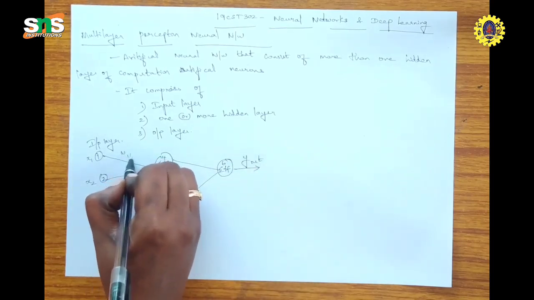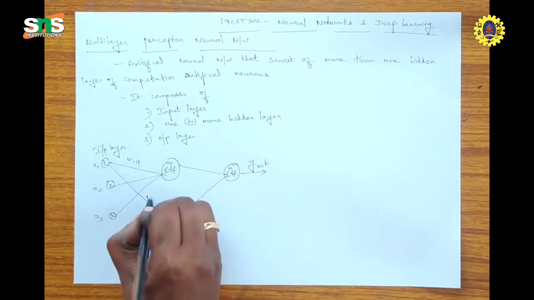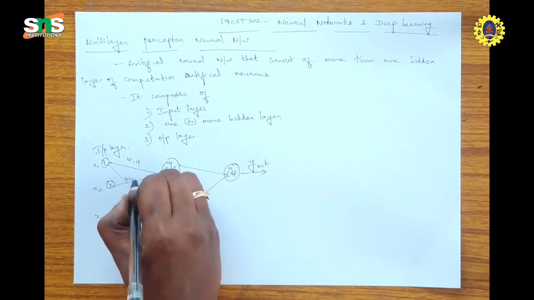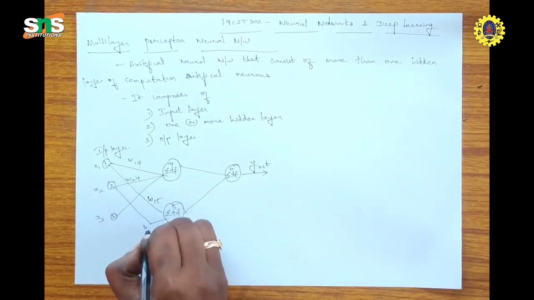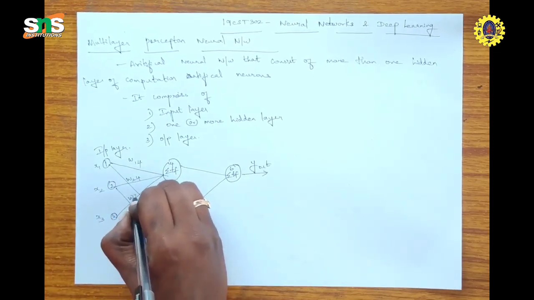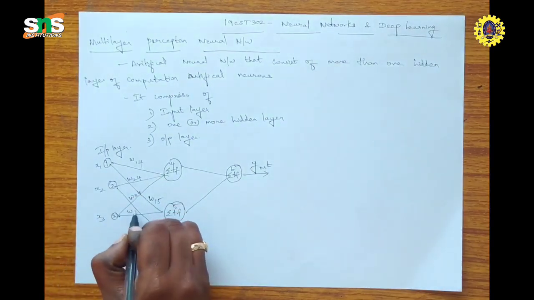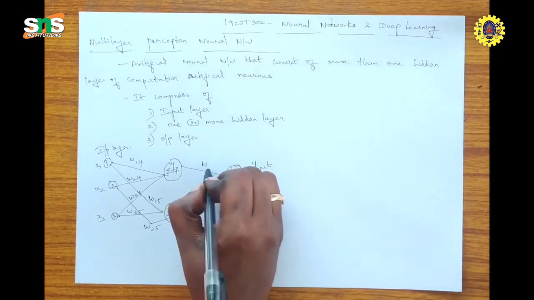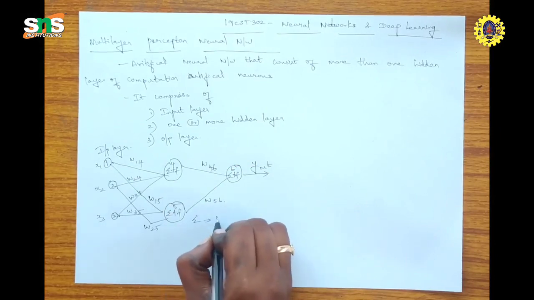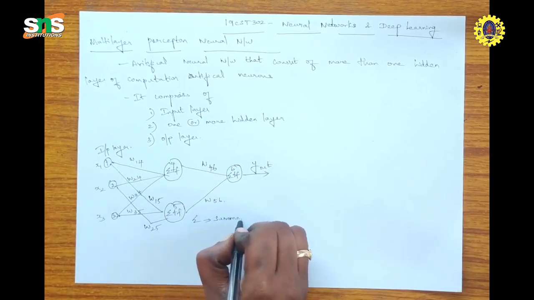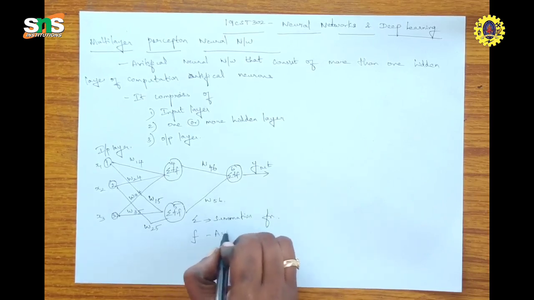The weights are weight of 1/4, weight of 1/5, weight of 2/4, weight of 2/5, weight of 3/4, weight of 3/5, and weight of 4/6 and weight of 5/6. Sigma denotes the summation function, and f is your activation function.